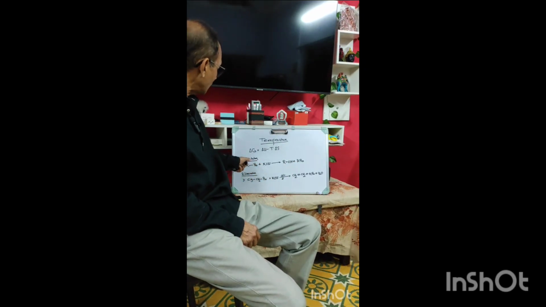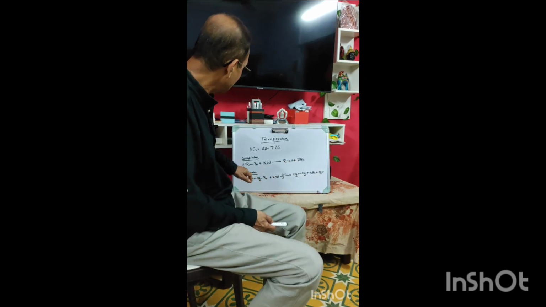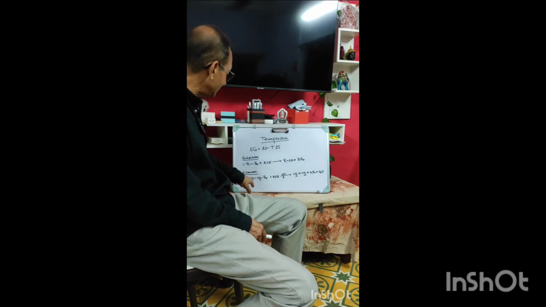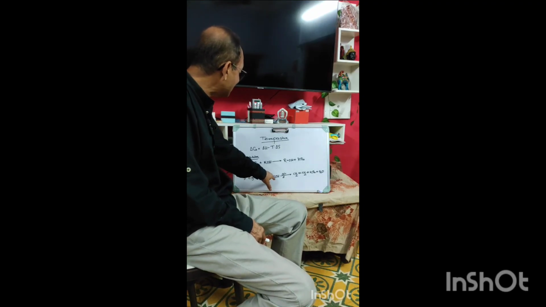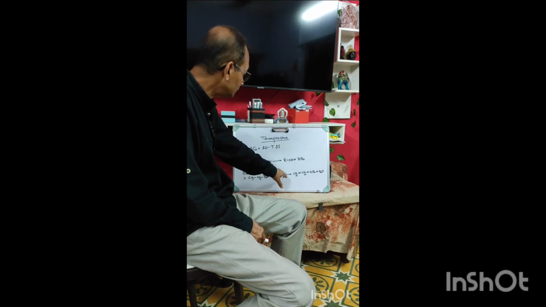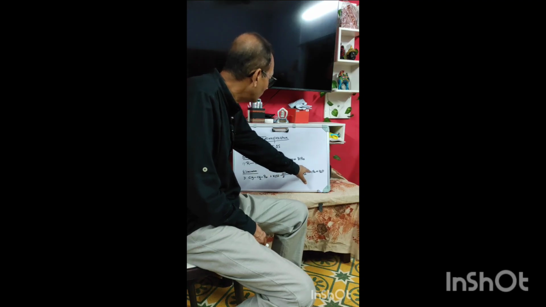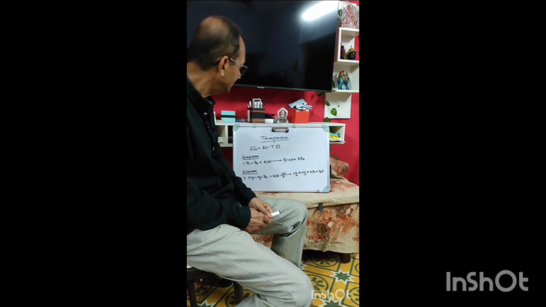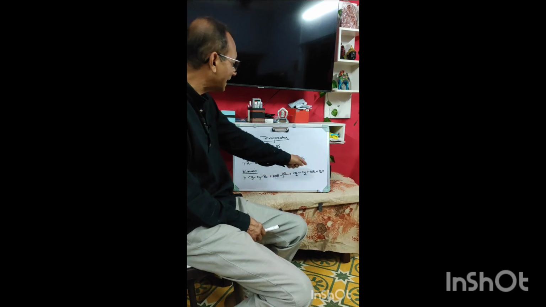So total number of molecules was 2 and new molecules also 2. In the elimination reaction, this is ethyl bromide plus alcoholic KOH and heat. You get ethene, potassium bromide and water. So double bond compound. Here it was 2, but here it is 3.